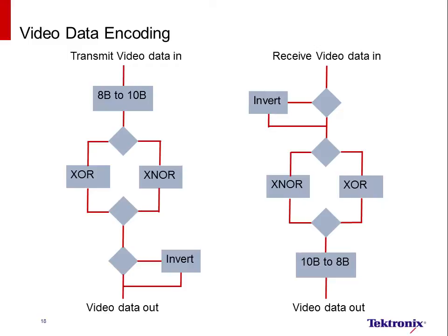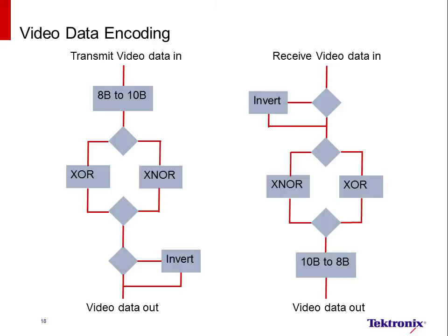That data then is presented to an inverter. The inverter will look at that data and the surrounding data and invert this particular packet if that will further reduce the ones and zeros across the transmission line. The receiver has to do the inverse function that the transmitter did.